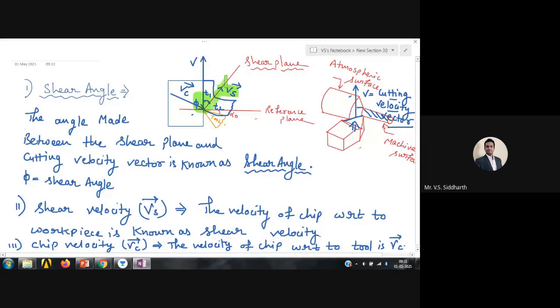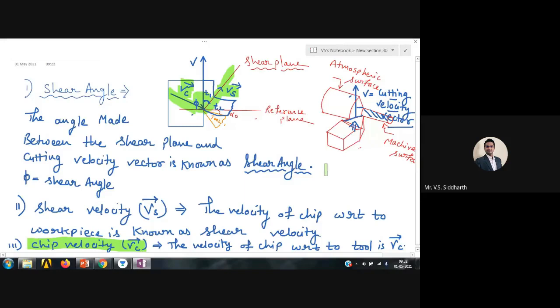This direction in which the shearing is taking place I'm calling shear velocity. With respect to the workpiece, how fast the chips are forming, that is the shear velocity. And then I spoke about the chip velocity. It is the velocity of chip with respect to tool. With respect to tool, how fast the chip is moving, that is the chip velocity.